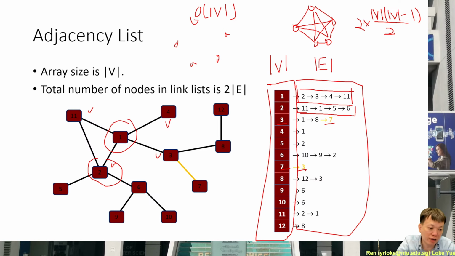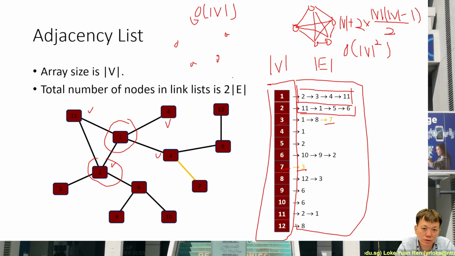Then you add the array with V vertices. In total, the space complexity is V square in the worst case, because the V is not important when you have a V square here.